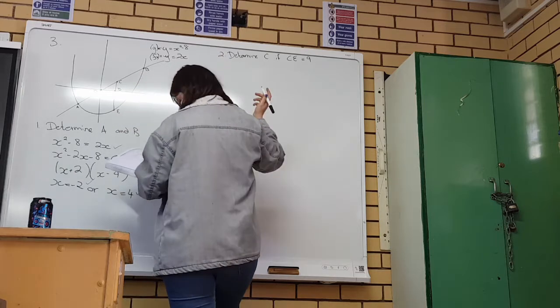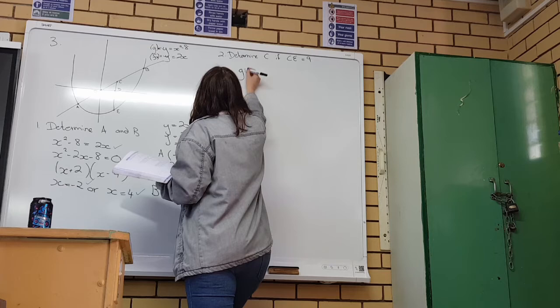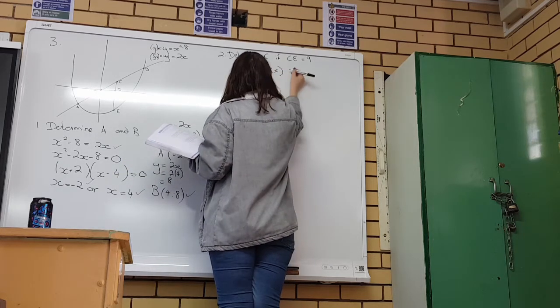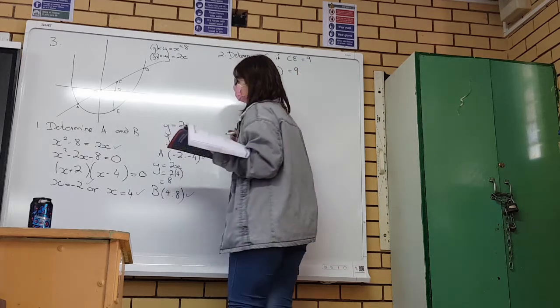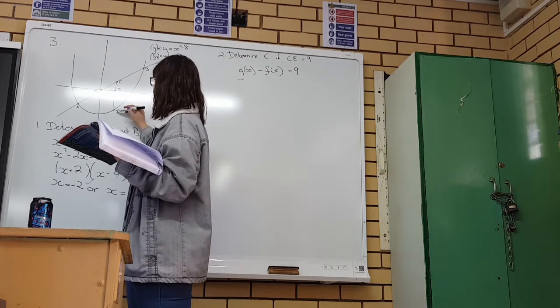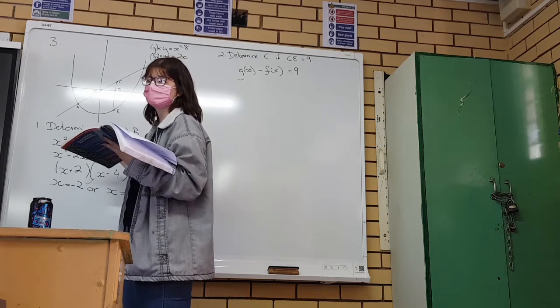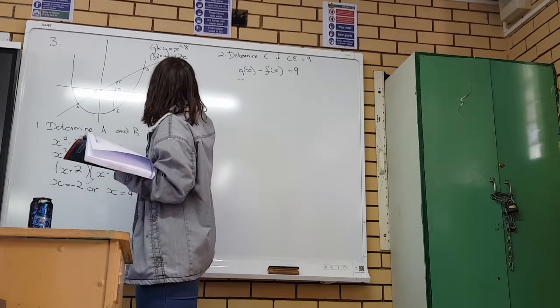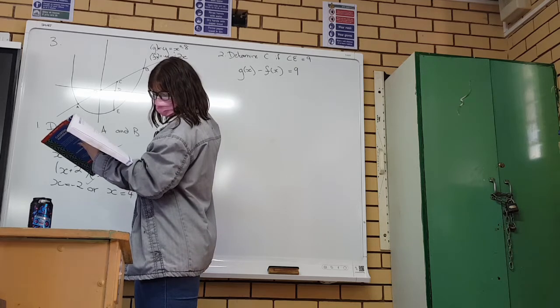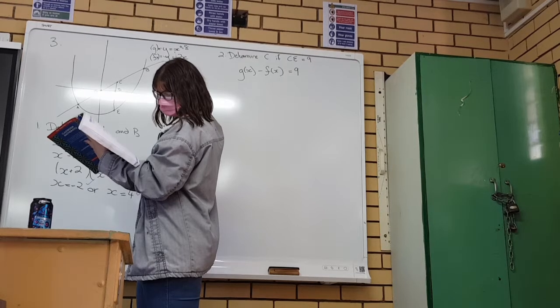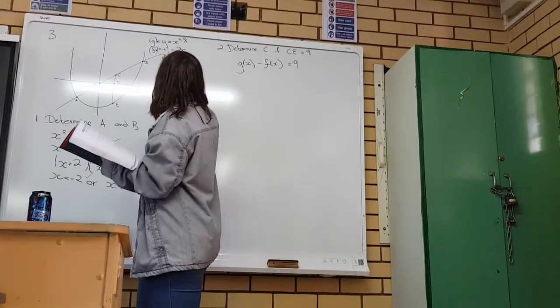What you do is you say g(x) minus f(x) is equal to 9. Because if I take this point and I minus this point from it, I'll get 9. The straight line is g(x).